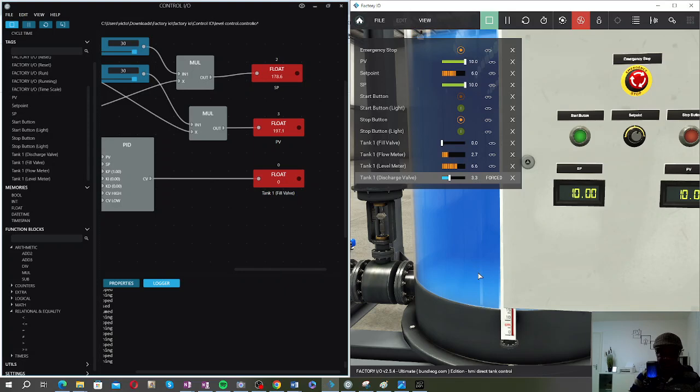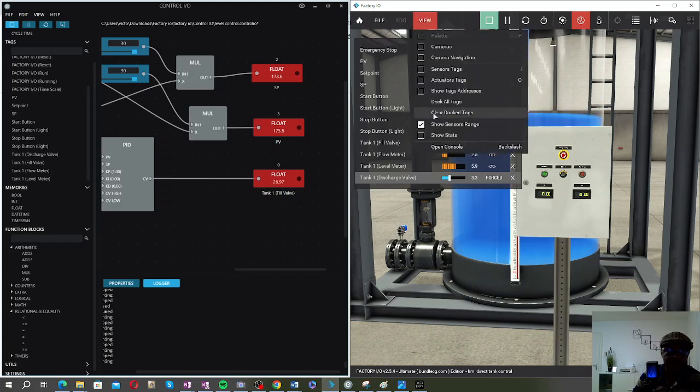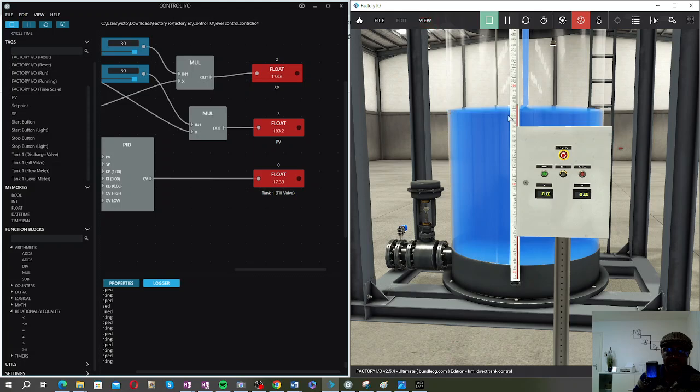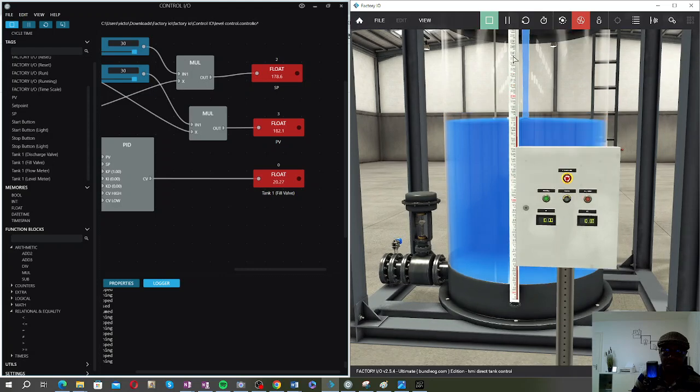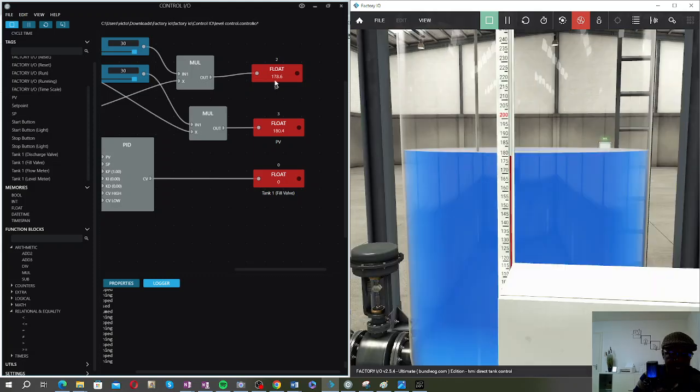The tank is going to fill up, and when it gets to a particular level, it will empty. Now let me clear all dock tags. So you can see it's going to be fluctuating around this set point of 178, almost 180. If we zoom into this, we see our set point is around 178.6.